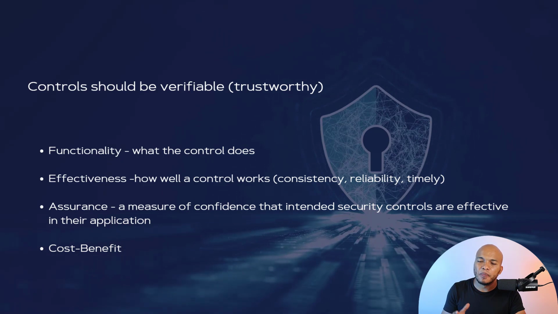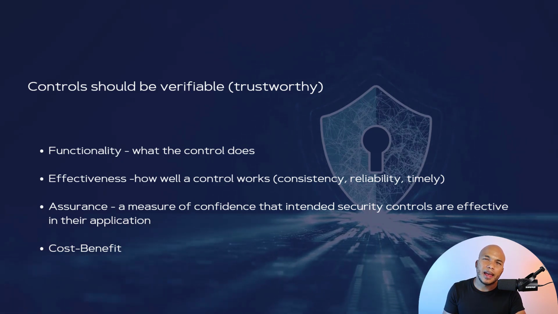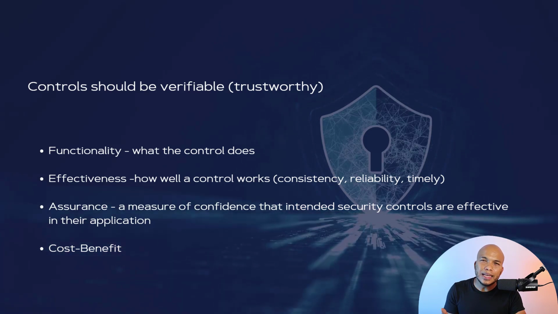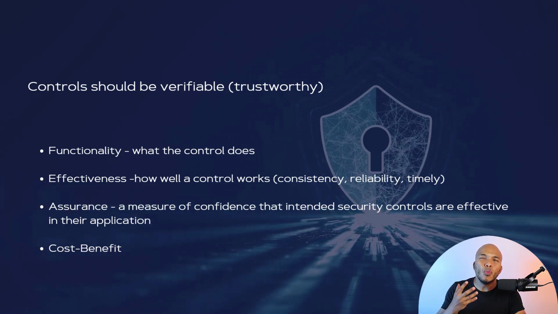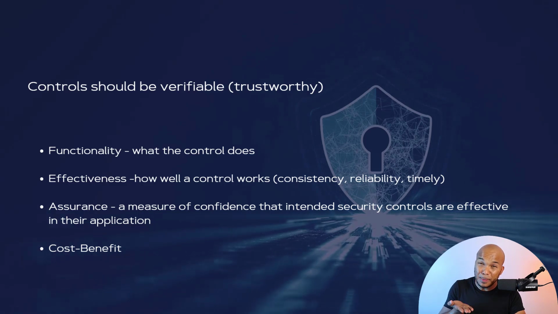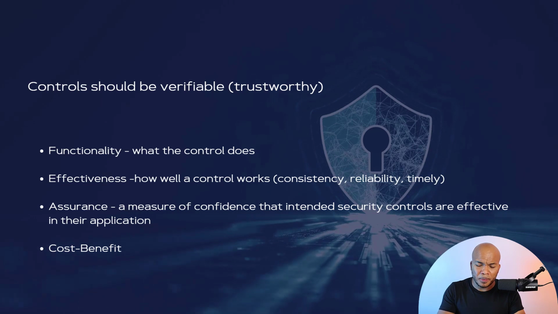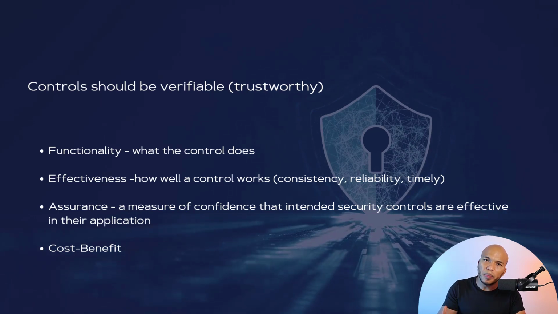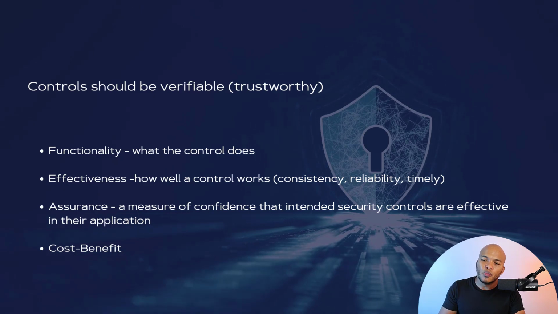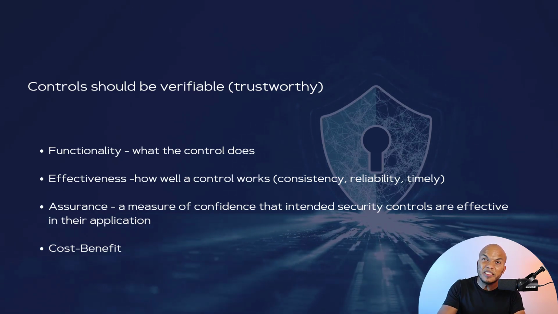And finally, cost benefit. What I mean here is that a control needs to provide a benefit that would far outweigh the cost of actually implementing that control. In risk management, there's the concept of risk acceptance, where a company knows that we're using this application, working with this kind of data, there is a vulnerability, there's a risk involved.